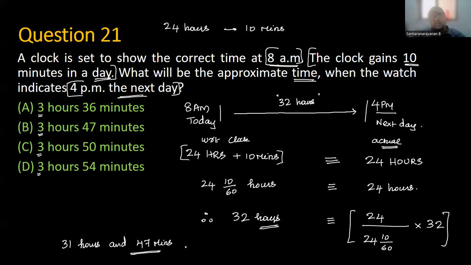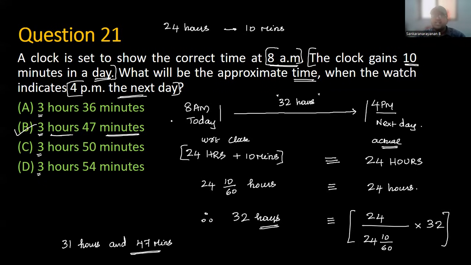On calculation, I can see that this refers to 3 hours and 47 minutes as the correct value. Option B is going to be my final answer as far as this question is concerned. Okay, so make a note of this: 24 by 24 and 10 by 60. This will be a value slightly less than 1, into 32.